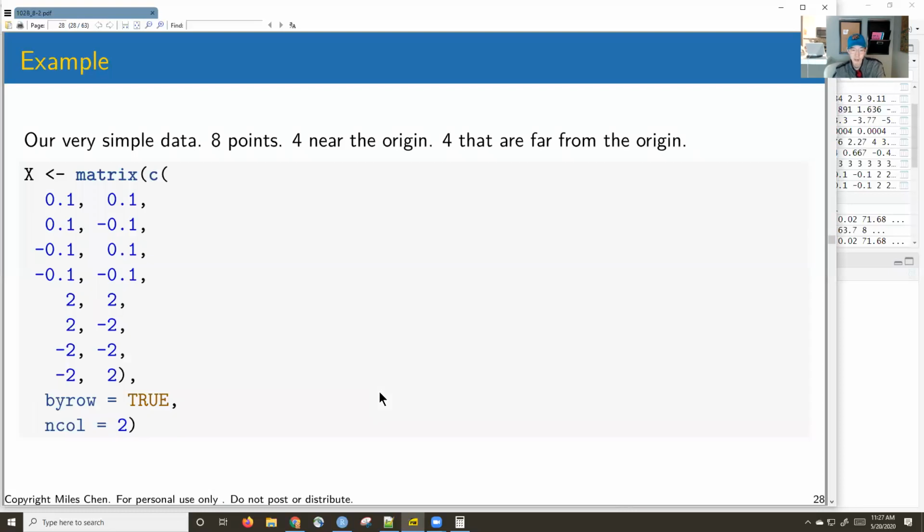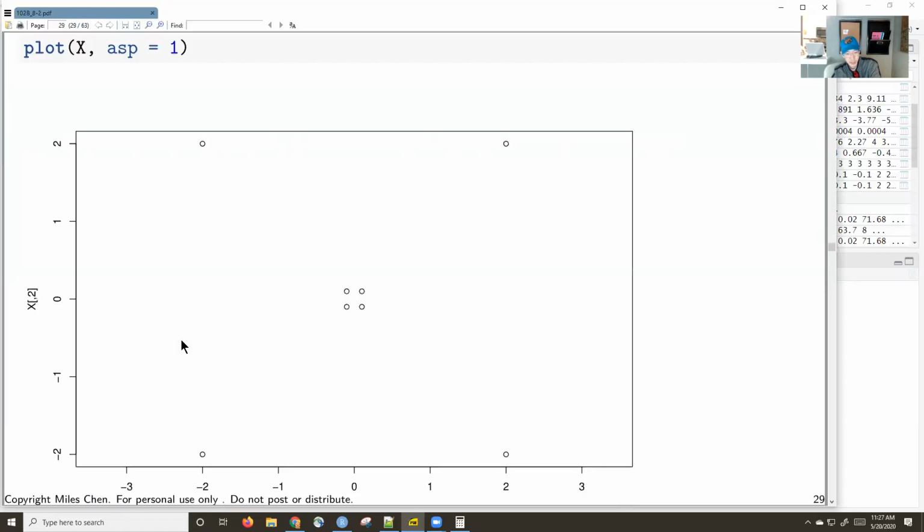So this is what our data set looks like. We've got these 4 points and these 4 points. When I graph it, it looks like this. I've got 4 points very close to the origin, 0, 0, and 4 points that are far away from the origin. Now, if I used regular K-means clustering, it will never put this point here in the same cluster as this point here.